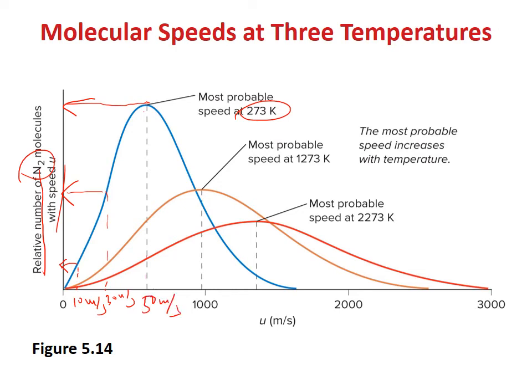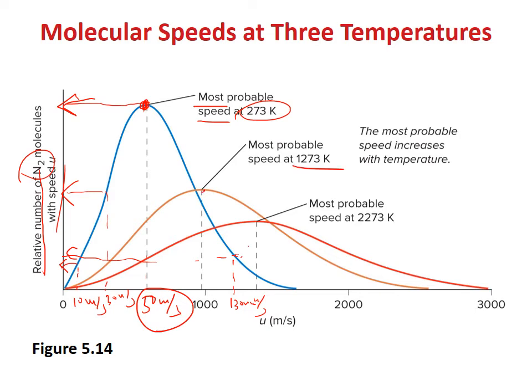Now, some molecules move even faster, for example, 1,300 meters per second, but the percentage is also small. So the highest percent of molecules move at the speed of 50 meters per second, and this is called the most probable speed.